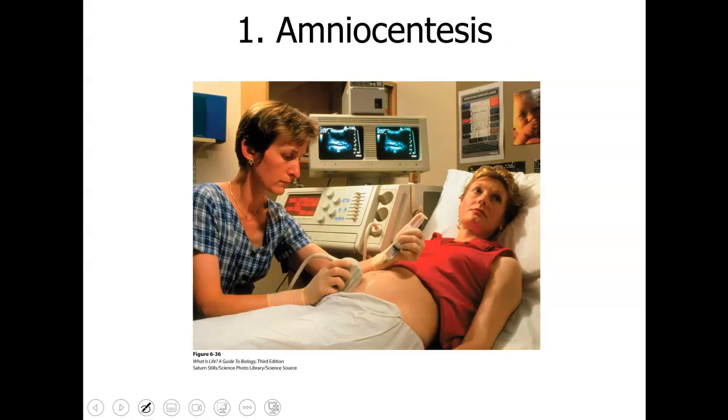The amniotic sac contains a fluid that surrounds and protects the baby, that the baby's floating in. Within the amniotic fluid are the DNA or cells from that baby. When they draw out the fluid, they usually need just about 2 tablespoons worth. They then analyze it and look at the karyotype. Within that karyotype, they'll be able to see if there are any genetic deformities as far as chromosomal number.